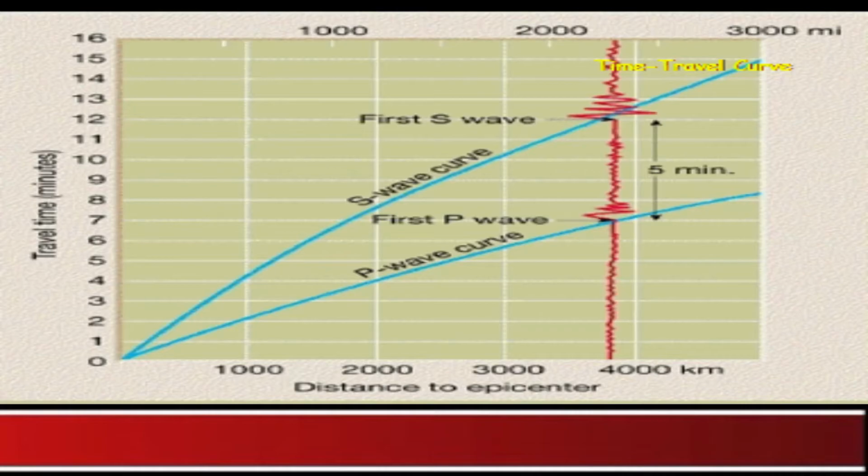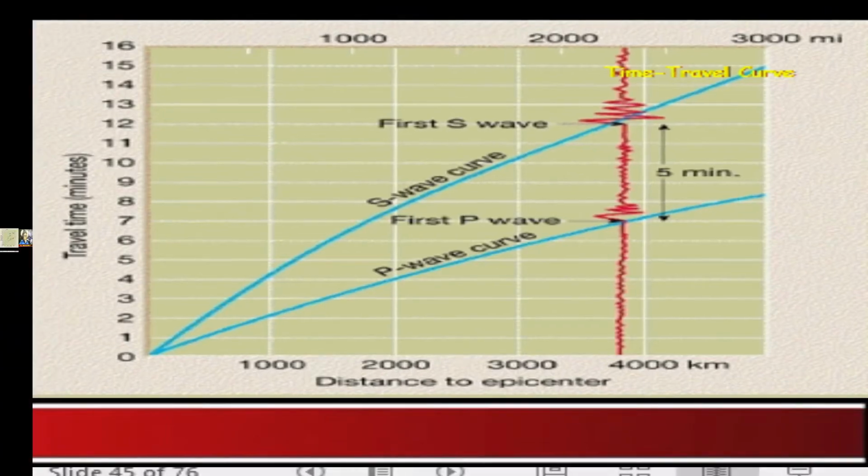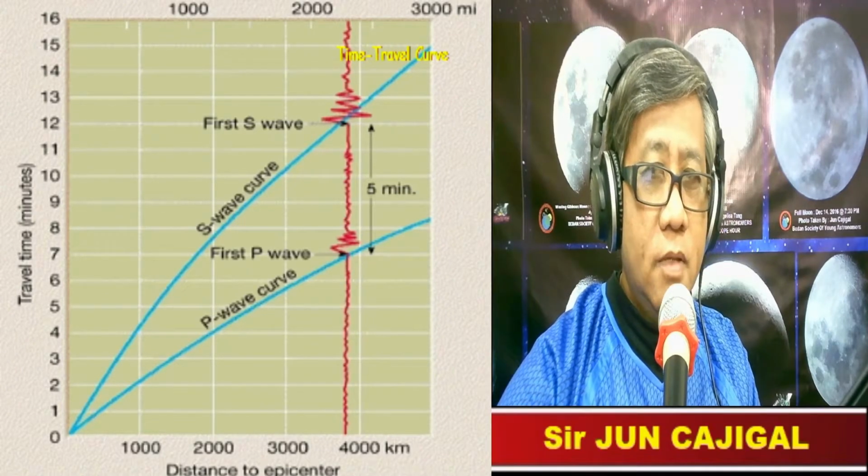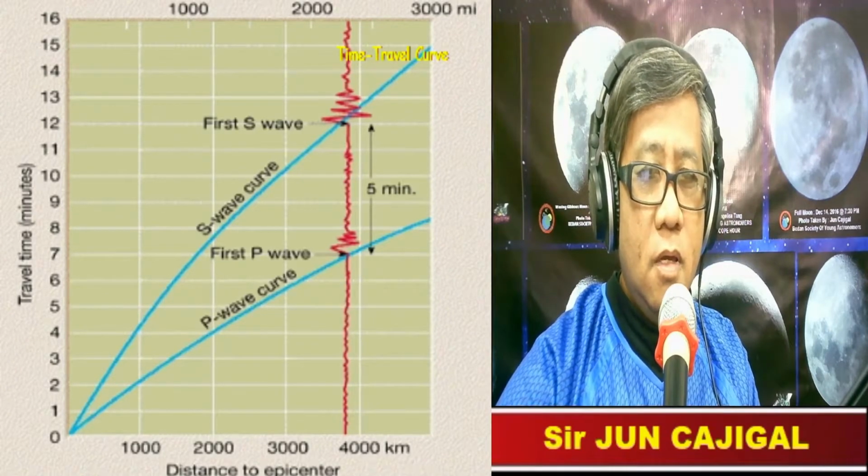By superimposing the seismogram recording with this travel time curve and considering the time delay between the P wave and the S wave of, let's say, 5 minutes, the seismologist can easily determine the distance of the epicenter. So that's the first thing the seismologist must determine.